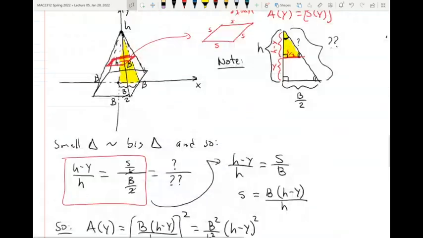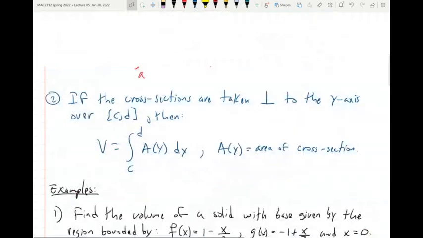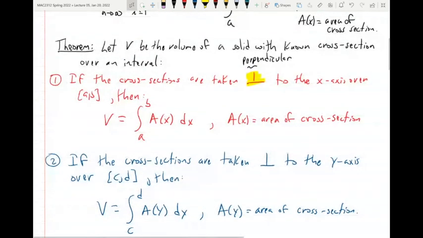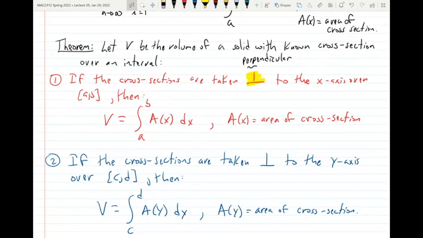Yes, that's what this theorem says. Look up here. The volume can be calculated by doing the integral of the area, where A is the area of the cross section. Cross section and slice is the same thing, right? The whole point here is usually to figure out the formula. What's A?